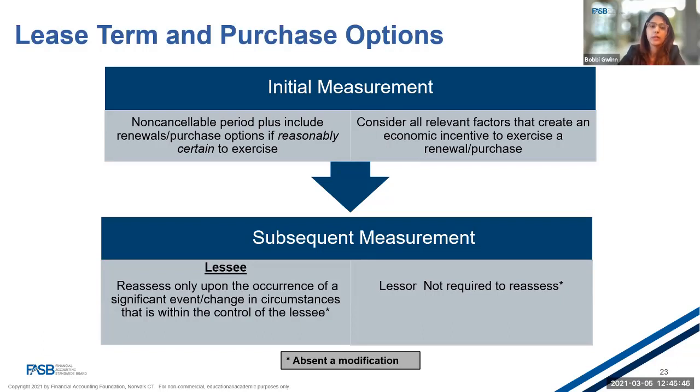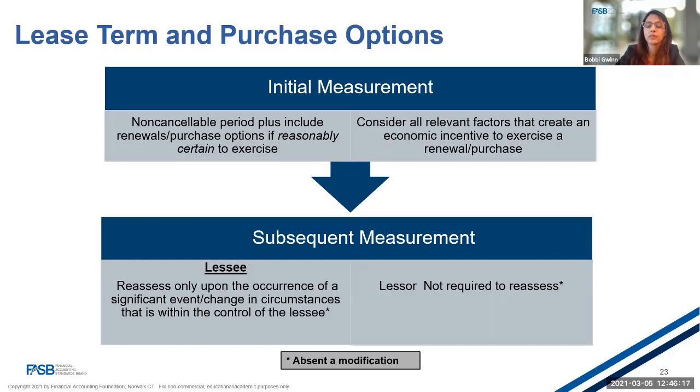Lease term is important because once a lease term is determined, the lessee would analyze what lease payments it's making, barring variable lease payments, which do not get included in the measurement of the lease liability. So based on the lease term, the lessee looks at the fixed payments, in-substance fixed payments, to determine the undiscounted cash flows, and then uses the discount rate to determine the lease liability.